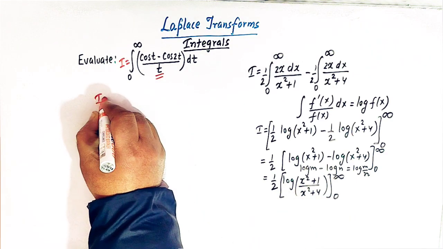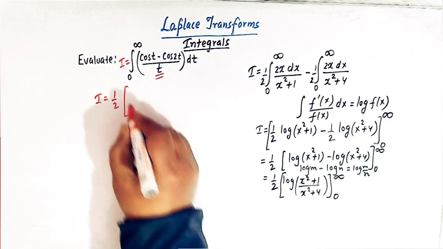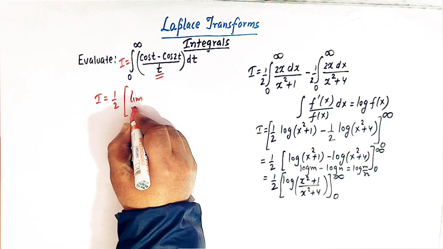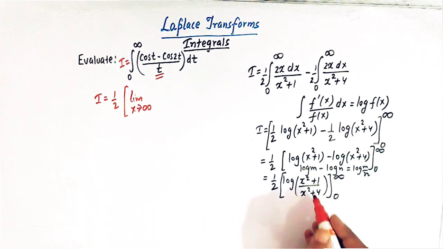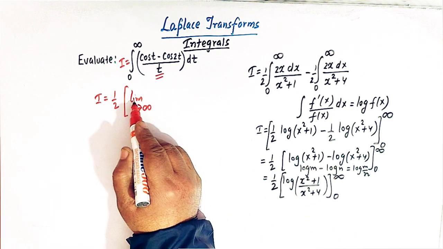So what we will do, we'll write half, and then we can write limit x tends to infinity, because here we cannot directly substitute x is equal to infinity, right? So we'll make use of the notation of limits.